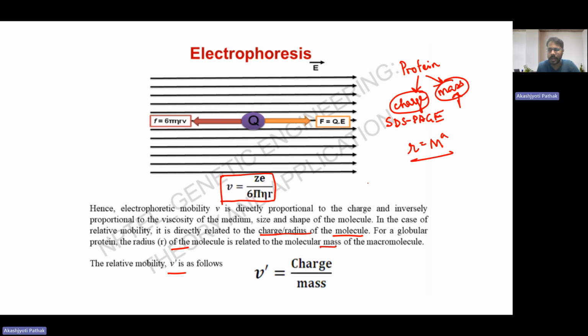When you run an electrophoretic gel, you also run a protein ladder along with it. In SDS-PAGE we eliminate the charge, so that now the mobility depends only on the mass of the protein. Depending on where we get the protein band, that will be the molecular weight of the protein. Okay.